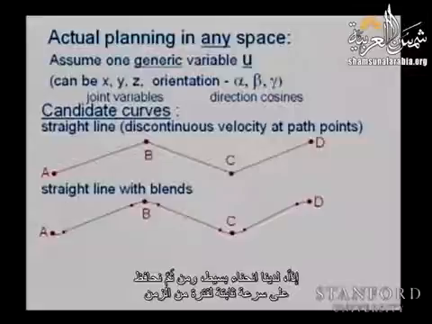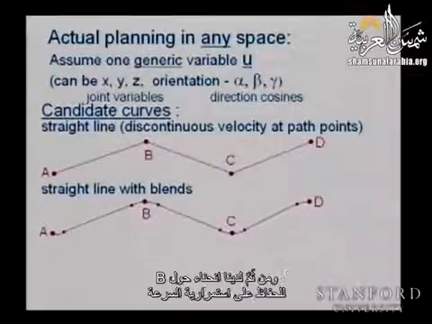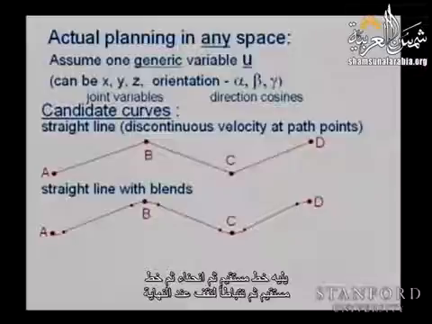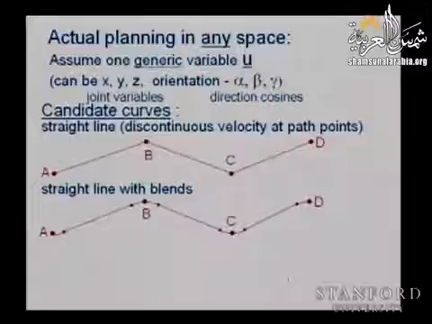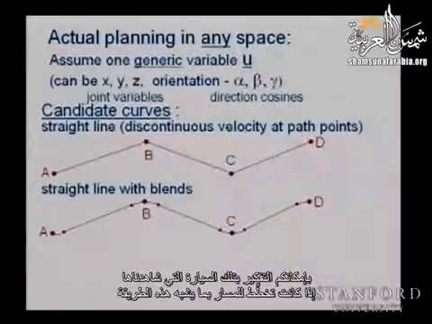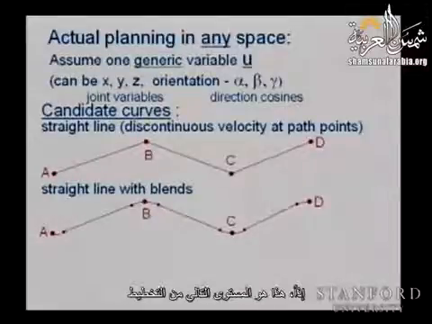So we have a small blend, then we maintain a constant velocity for a while, then we get a curve around B to maintain continuous velocity, then a straight line, then a curve, a straight line, and then we decelerate and stop gracefully at the end. You can think, if you want, about the vehicle that we saw planning a path in the same way. So that's the next level of planning.